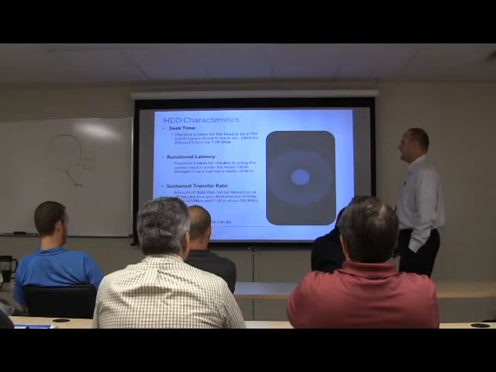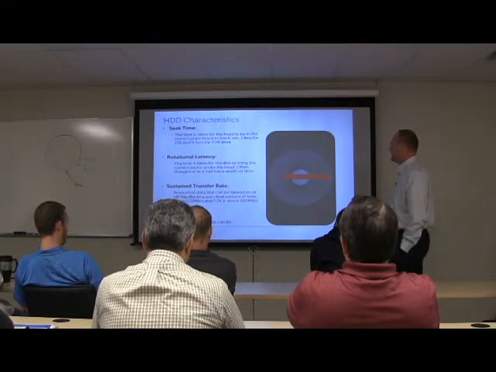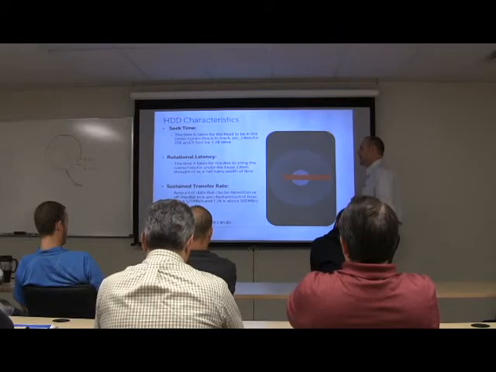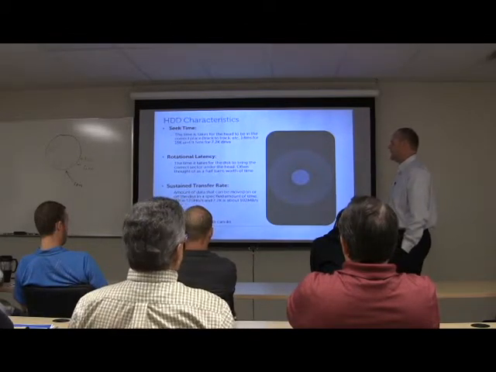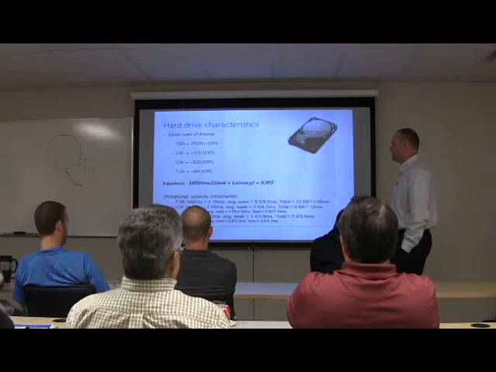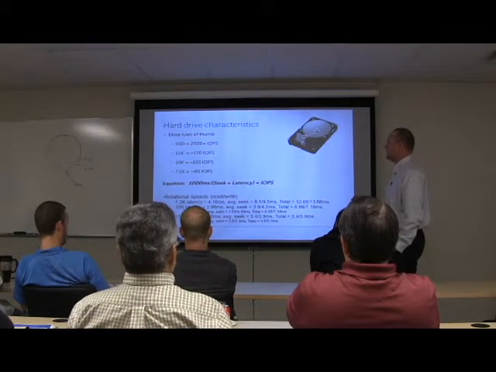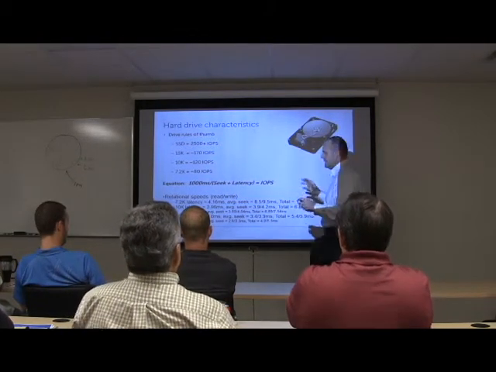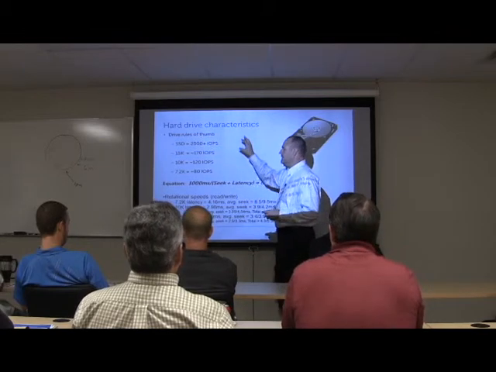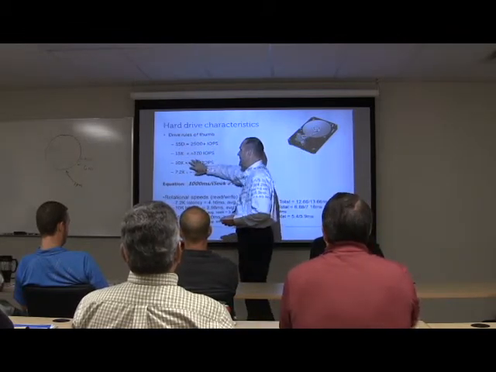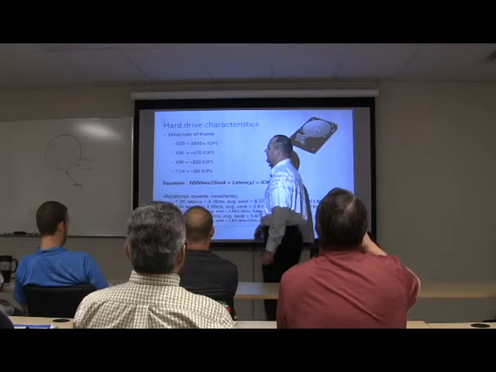The sustained transfer rate is 125 megabytes per second, and with a 7.2K drive, it's about 100. So if you wanted to get an idea of what the performance of your drives is going to be, this is a rule of thumb that we use.